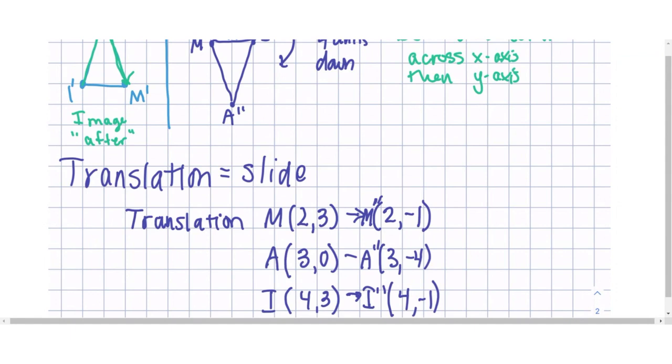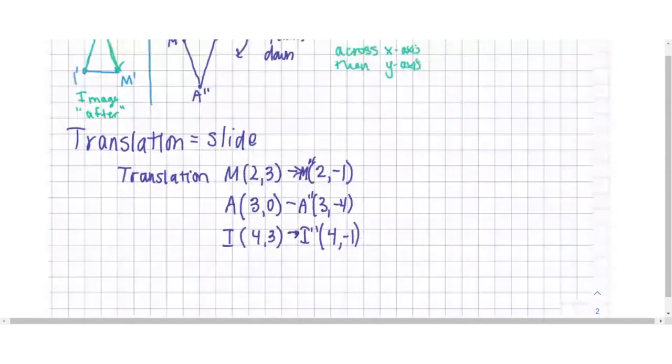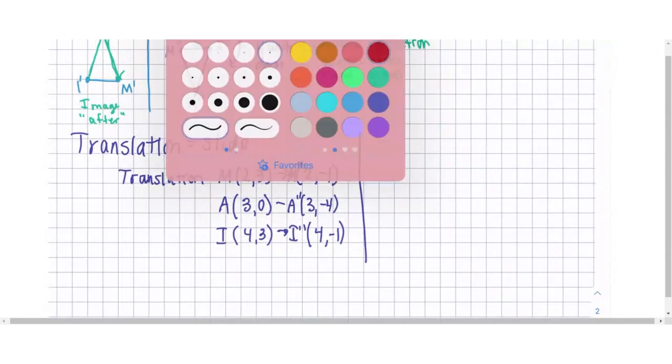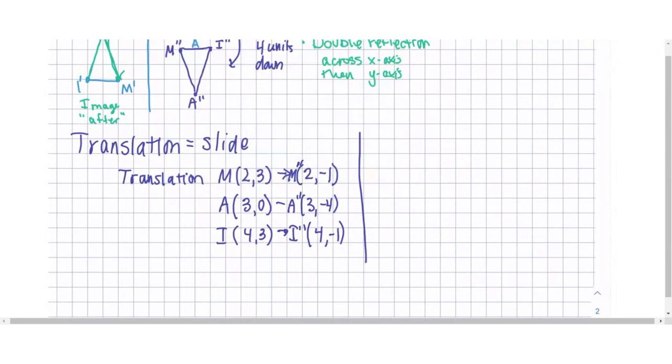So let me come back to here. Zoom out. So this is an example: which describe the same translation? Let's just start with Mia. Let's say we had a point on a graph.